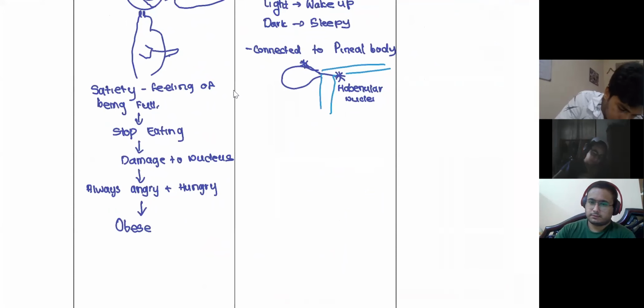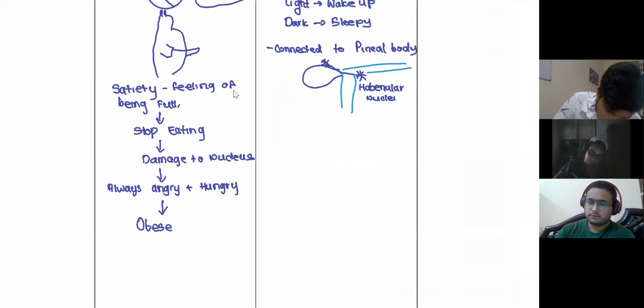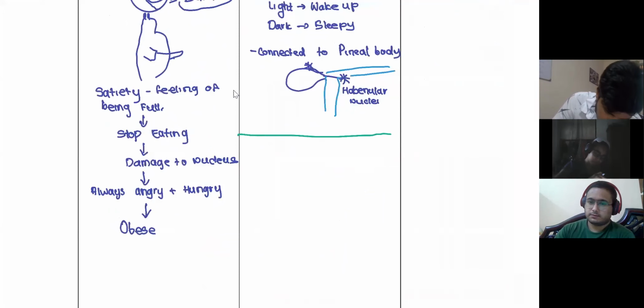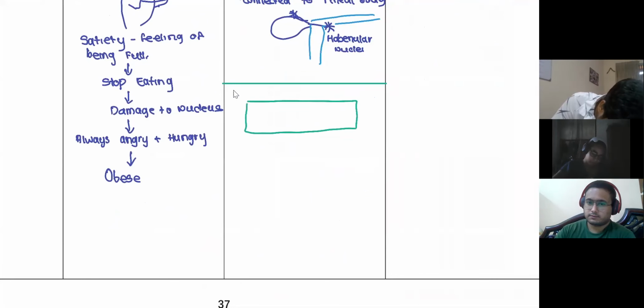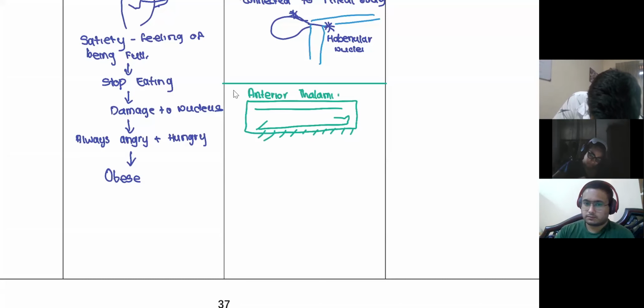This side is the AC. Here is the AC of the body. Think of it as the AC. It blows out air. Okay, this is called the anterior thalamic nuclei.